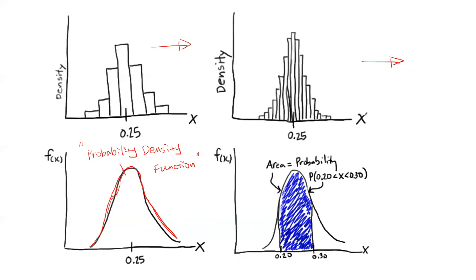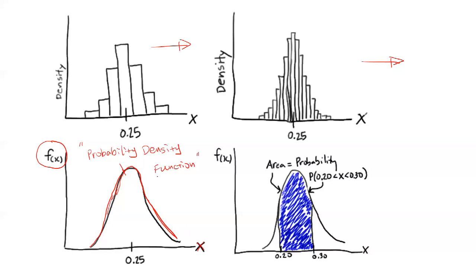In the probability density function, the y-axis is no longer the relative frequency or probability. It's the value of the function, denoted by f(x). The x-axis is our random variable x.